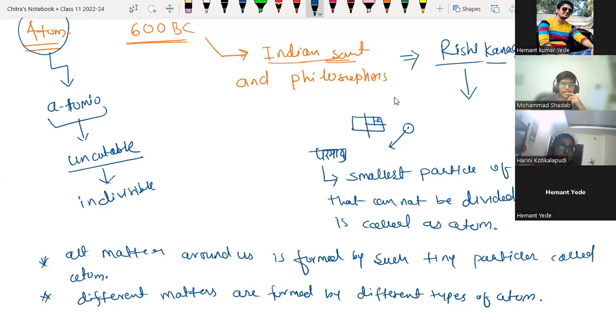These postulates given by them are common. They are also used in the theory given by Dalton. That Greek philosopher about 400 BC also gave the same points. So these points were common. Okay, sir. Thank you.